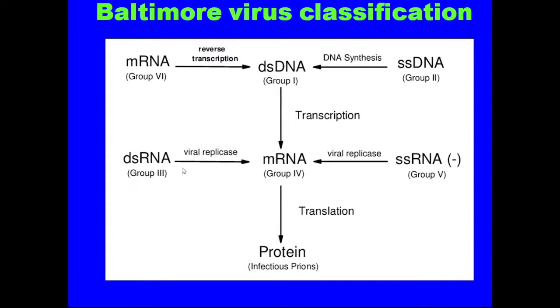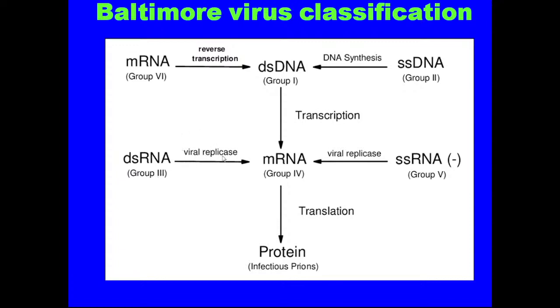Because in the human cell or animal cell, the process of RNA transcription into mRNA never happens. It means that these viruses from group 3 cannot find this enzyme in the human cell. That's why they should keep this enzyme physically in their nucleocapsid inside the virion. Otherwise, they could not process their genetic material.